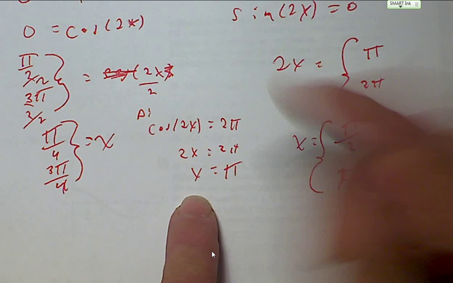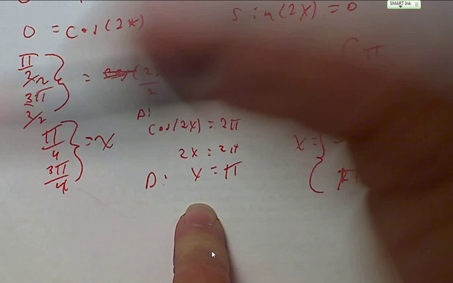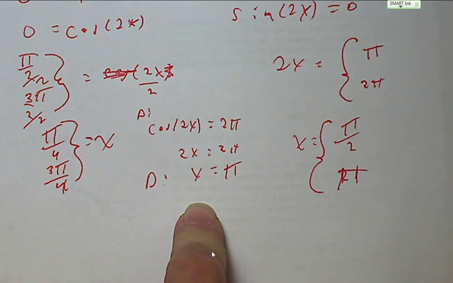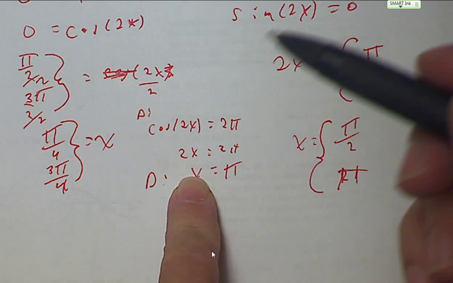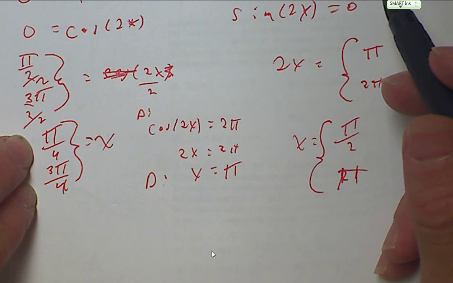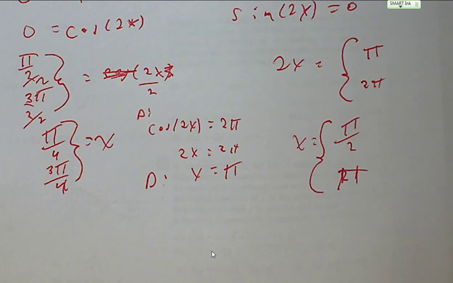So now my domain is, that doesn't sound right. Yeah. So one cycle would happen every pi units. So it's happening twice, so we're doubling. So everything in between pi over 4 and 3 pi over 4 is also going to be in the middle of it. I'm thinking it's beyond pi over 4 and 3 pi over 4, isn't it though? I think it is. Yeah, it's 7 pi over 4.